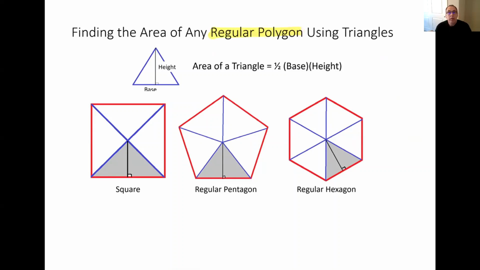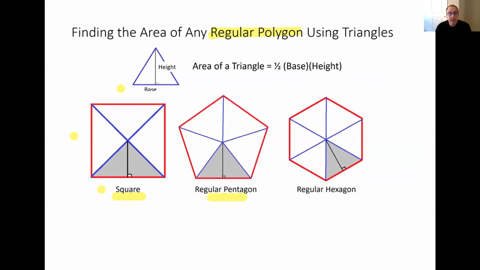And a reminder, a regular polygon is a polygon where all of the sides and all of the angles are the same. The regular polygon that most people are familiar with is the square, which has 4 equal sides and 4 congruent right angles.